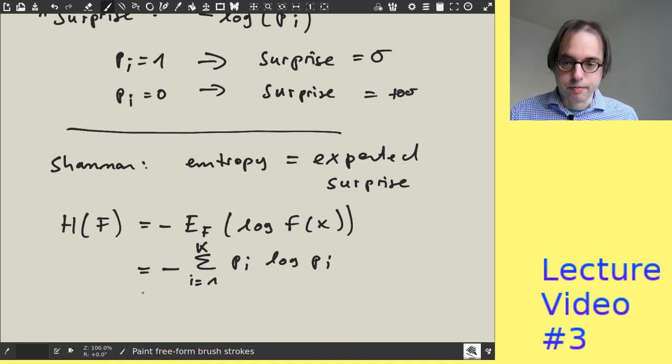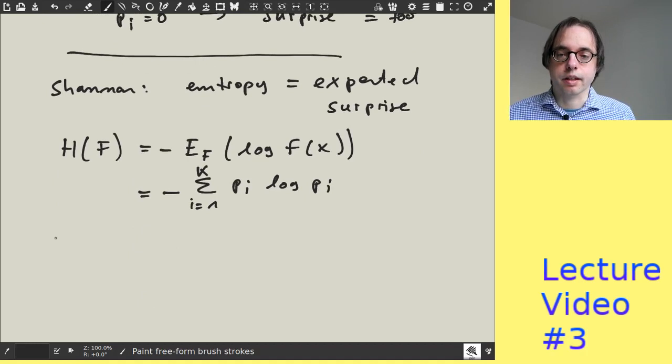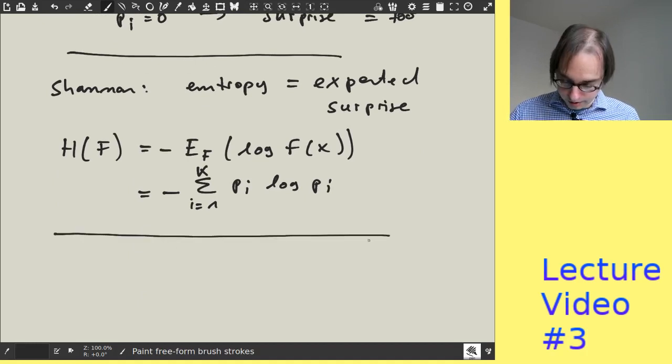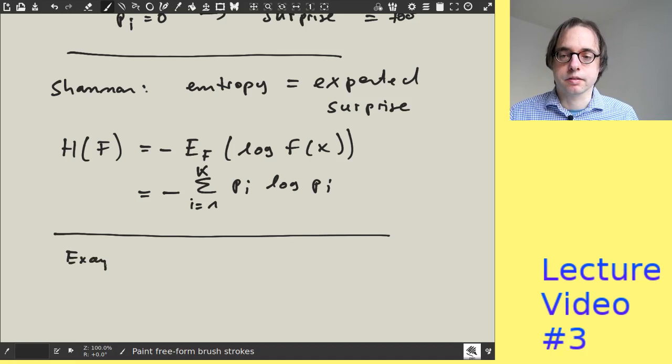So far so good. So how can we interpret this? Let's have an example. Example 1, that we have a uniform distribution. By uniform I mean that p_i is 1 over k.